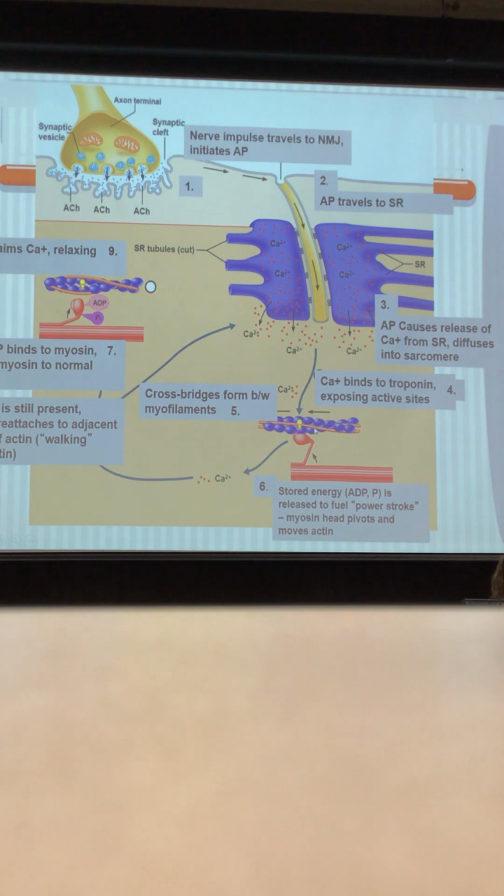Before, the tropomyosin was covering the active sites, but because calcium bound to the troponin, the tropomyosin shifts out of the way to expose the active sites.